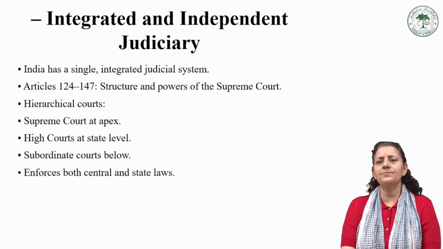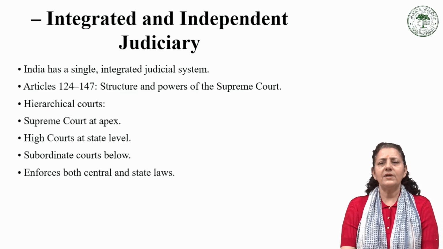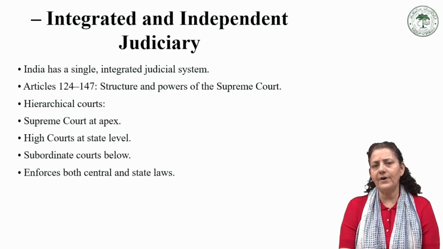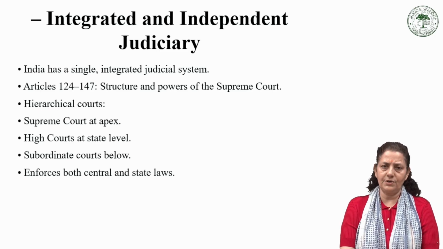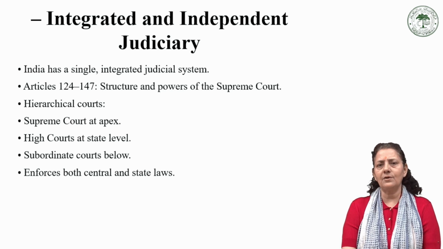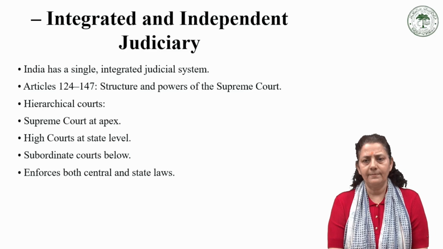India's judiciary is both integrated and independent. Unlike the US, where separate federal and state courts exist, India has a single unified judicial system. We have a pyramid like structure. The Supreme Court stands at the apex, followed by high courts at the state level and subordinate courts below them.